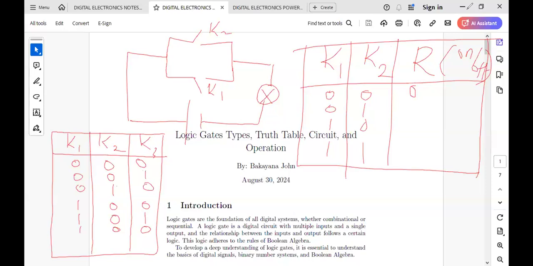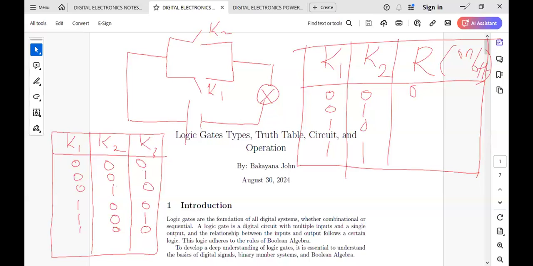Then where there is K1, 2 power 2 gives 4. So for K1 we have 4, K2 we have 2, then K3 we have 1.